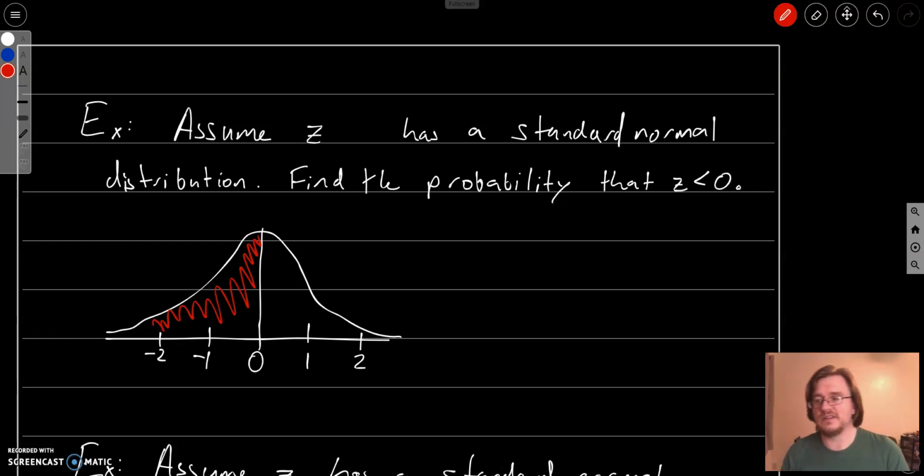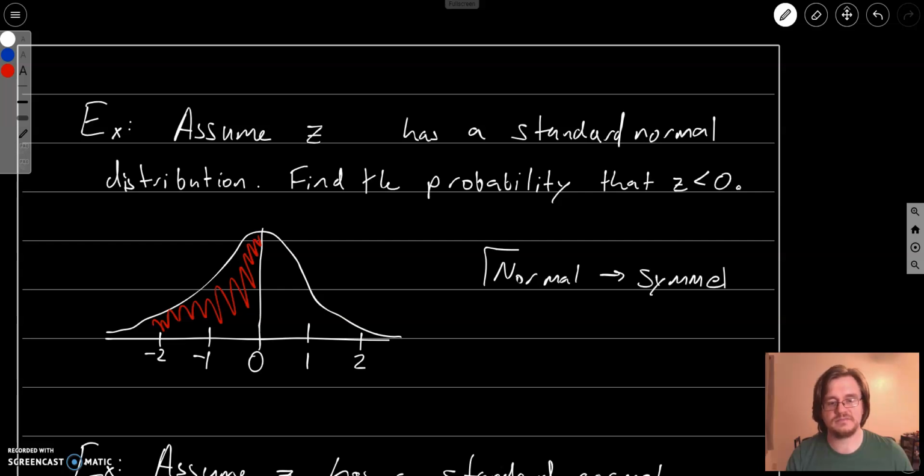Now this is actually fairly straightforward to calculate, because we know the following fact. Normal distributions are symmetric, meaning exactly half, it's going to be balanced. Half of the area is going to be on one side and half of the area is going to be on the other. So if we knew what the total area was, 1/2 of it would be this area, but we do know what the total area is.